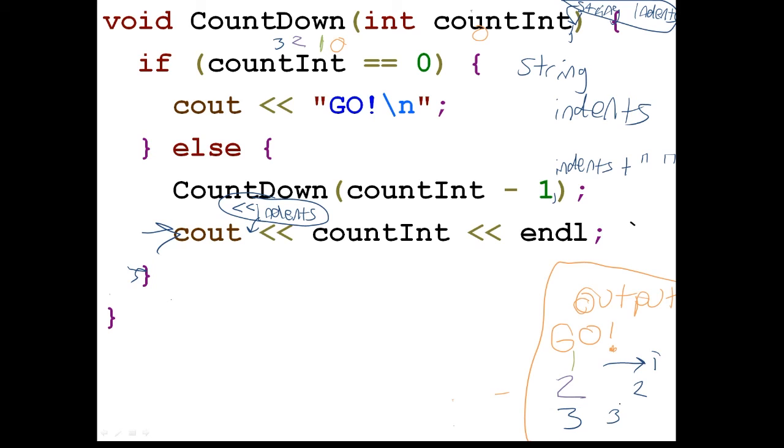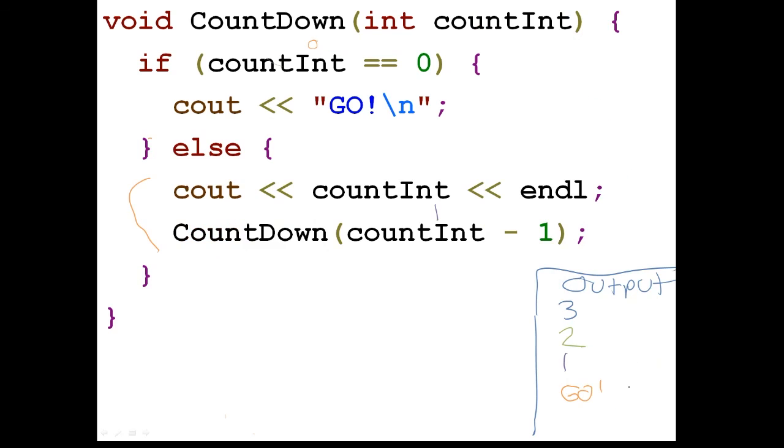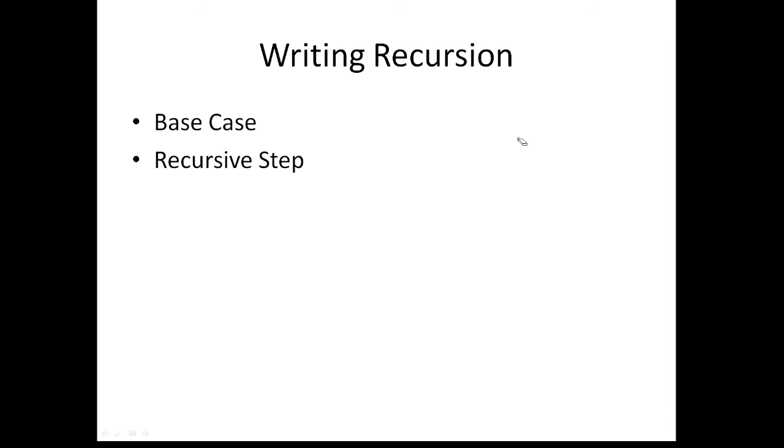And similarly, if we had the indents in this other function over here, you would actually see it as 3, 2, 1.